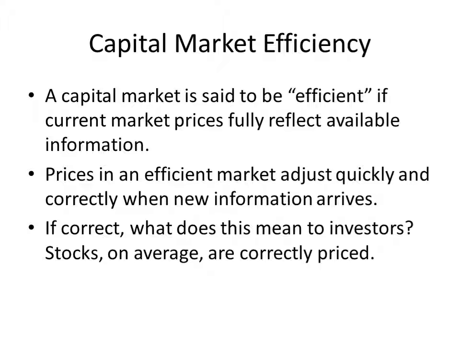Now this is an important idea because if it's right, it has some pretty big meaning for investors. For example, if the market is efficient, can you pick up the Wall Street Journal in the morning and read it, and then by the end of the day make some stock investment decisions that will make you money over and above the risk-adjusted return that we would think you should be earning for that?